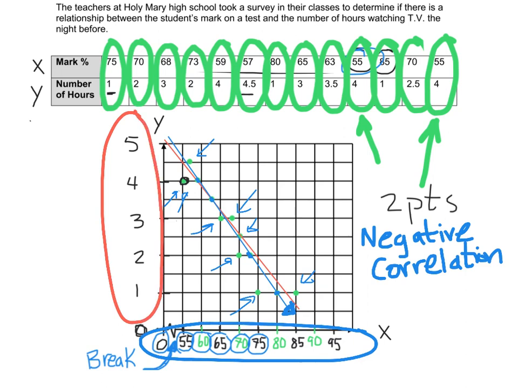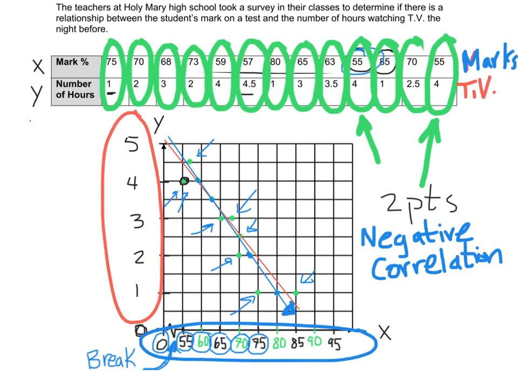So this is the way we could say it, because we know that marks are on the x-axis, and we have the number of hours watching TV on the y-axis.